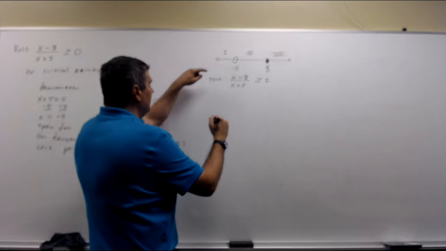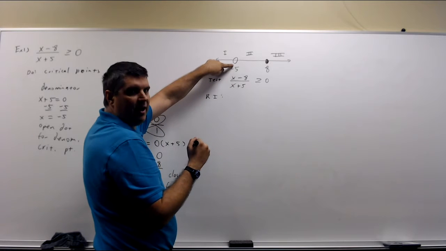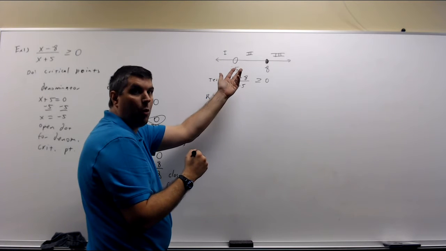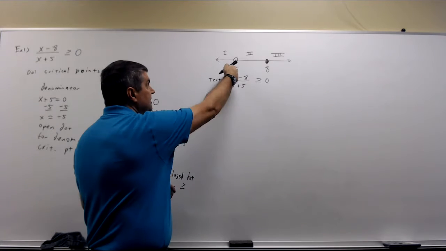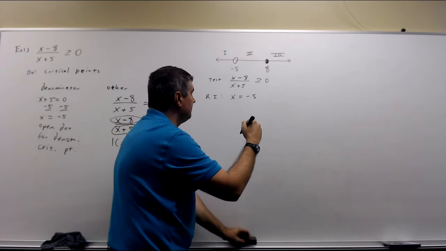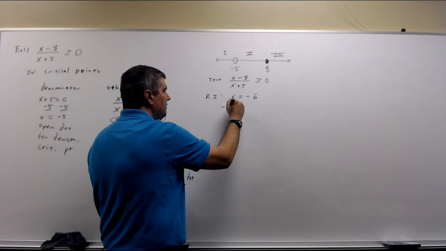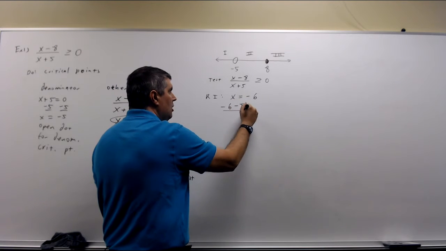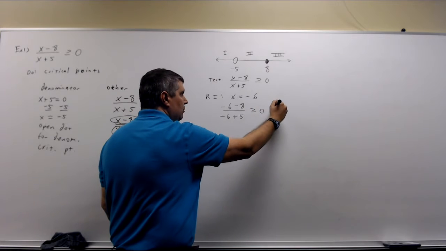In region 1, I need anything that's less than negative 5. Negative 5.001 could work. Or negative 6, negative 7, anything that's less than negative 5. So I'll stick close: x equals negative 6. I want to know if (negative 6 minus 8) over (negative 6 plus 5) really is greater than or equal to 0.